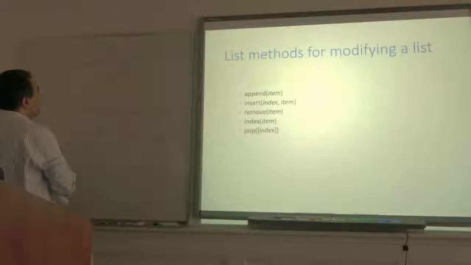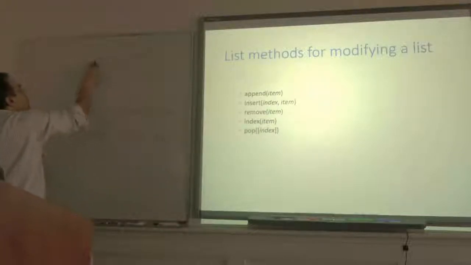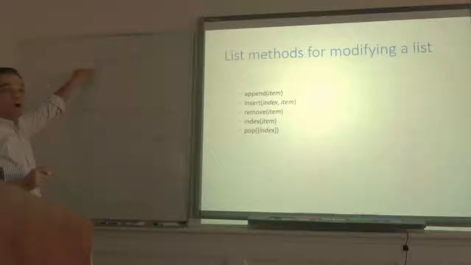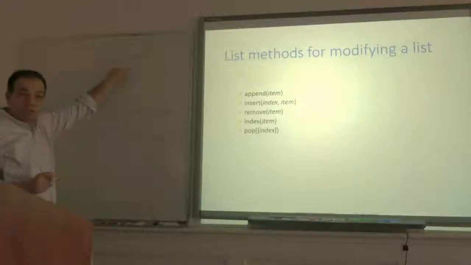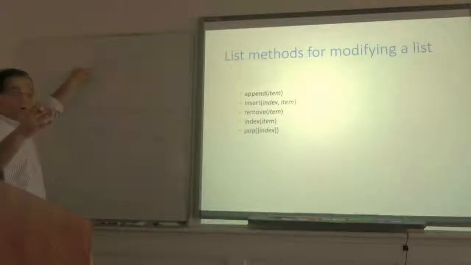So, for example, let's have this list, and let's call it y. What is y? It's an object of a class. What is the class? List. So we have a class called list, and we created an object called y, right?